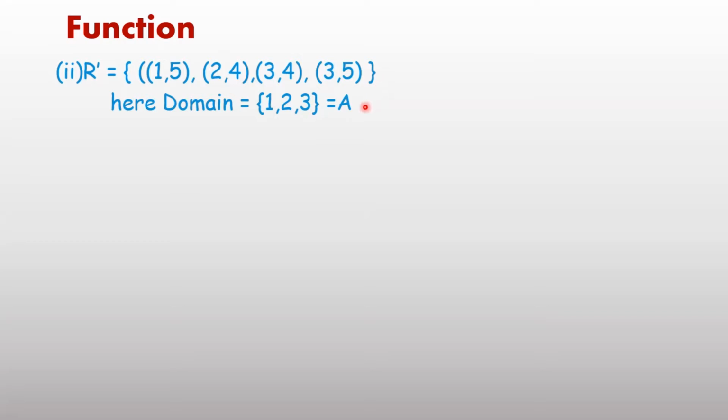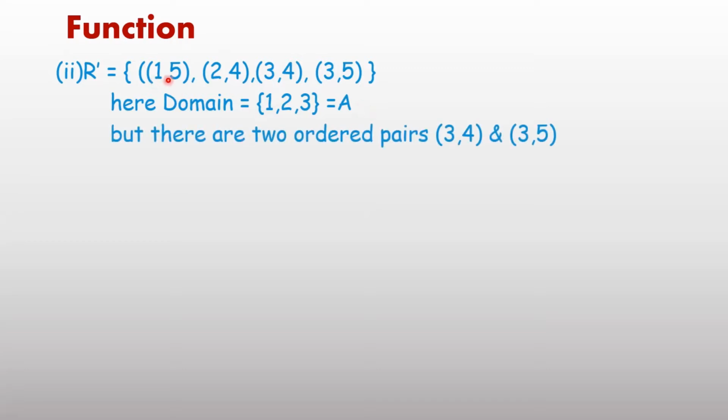First condition satisfied, it is a relation. Second condition, domain equal to set A, satisfied. Now third, no two ordered pairs have the same first component. Now check (1, 5). No two ordered pairs have the same first component means the first element should not be repeated. 1 is not repeated, 2 also not repeated. 3 and 3, there are two ordered pairs, (3, 4) and (3, 5), in which first element is repeated, means it is not a function.